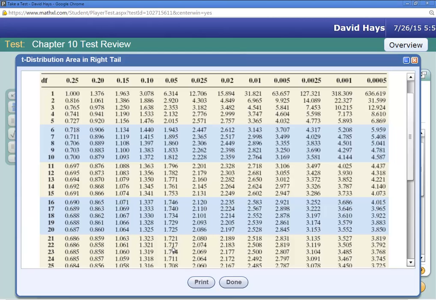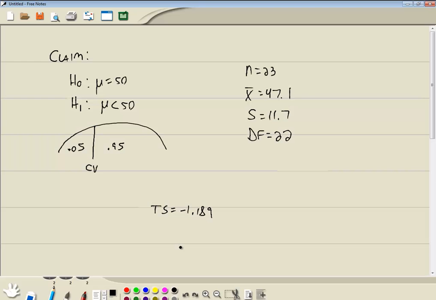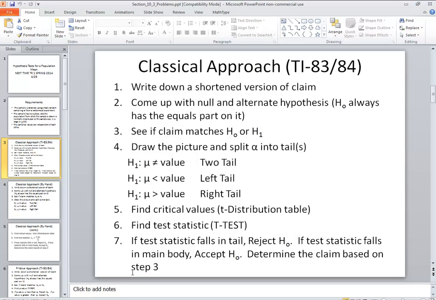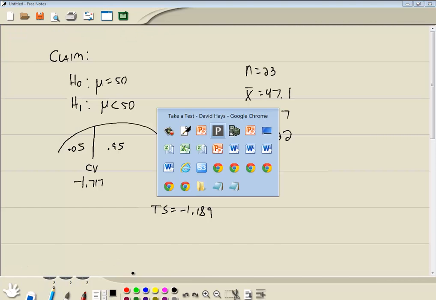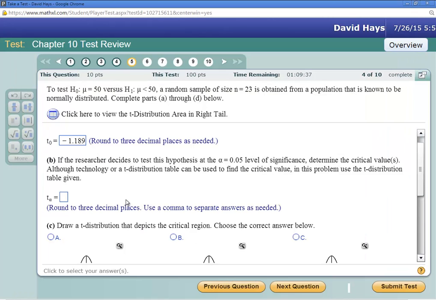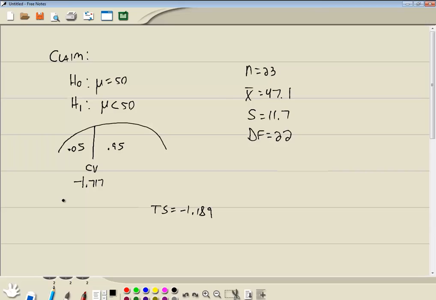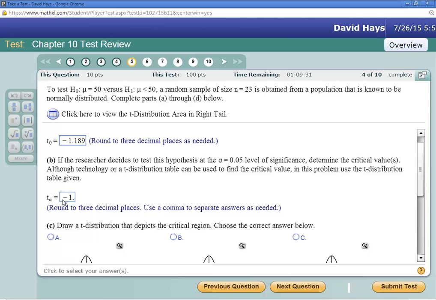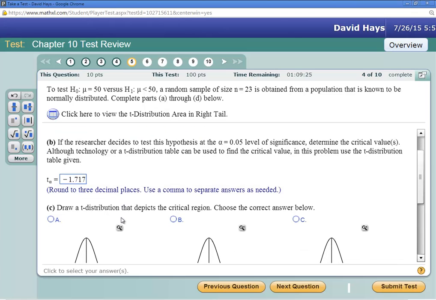Oh, my eyes are bad, 1.717, and since it's on the left side, it'll be negative. If it's on the right side, it's positive. So negative 1.717. There we go.